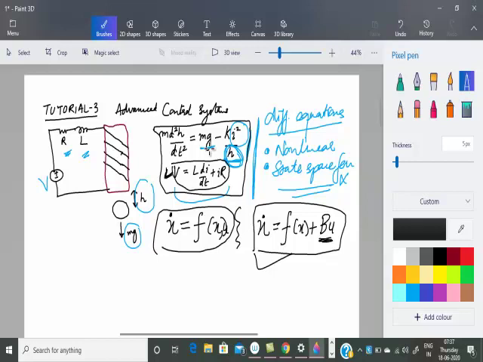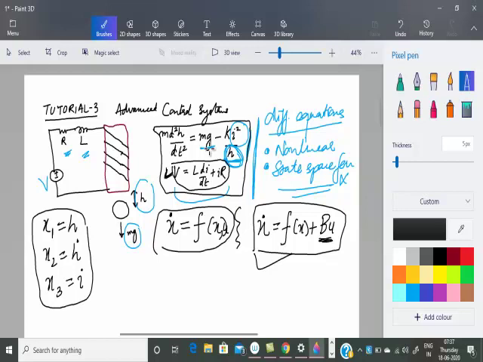But for the first equation, we need to select the state variables, and as always we can select the first state variable as the position of the ball, the second state variable as the velocity of the ball, right? And the third state variable as the current that is flowing in the system. So if you select these three state variables, you can rewrite the three equations, right?